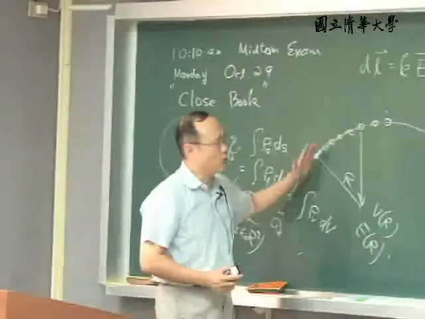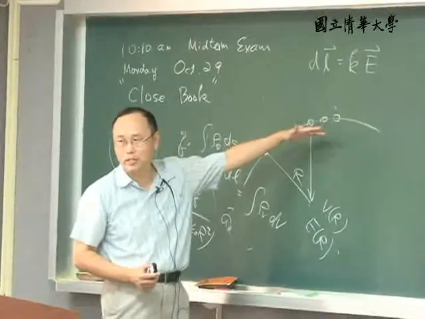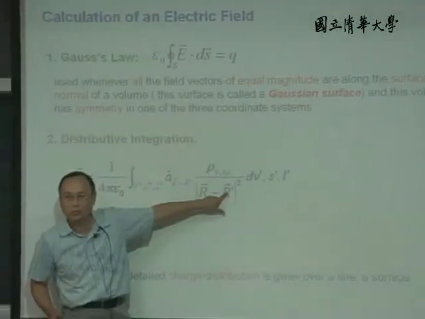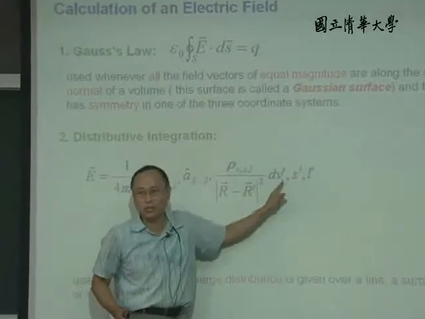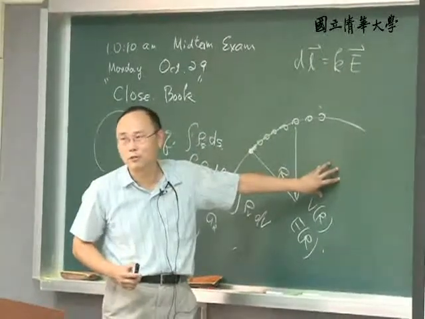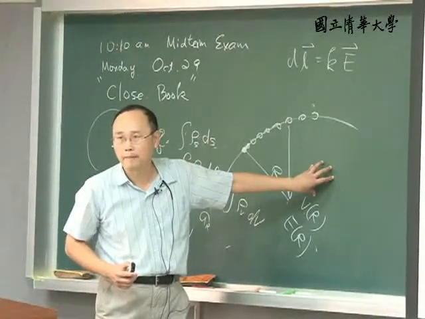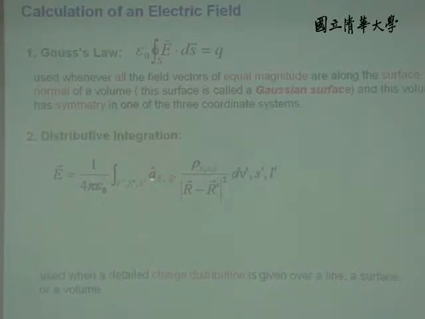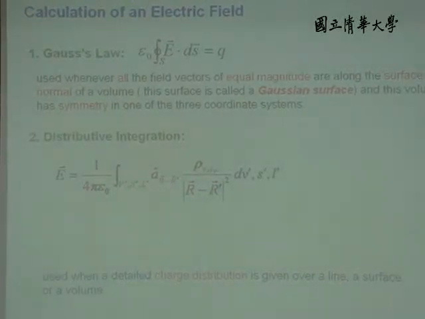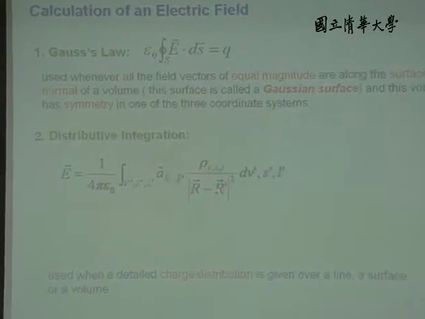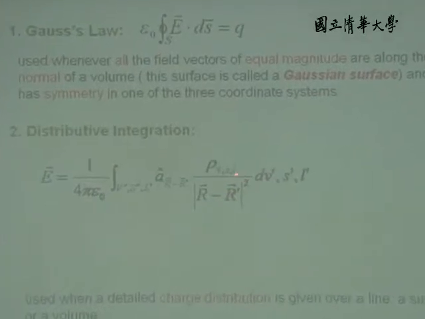The location of this source charge, or later the current, is described using the prime coordinate system, so when you integrate, you must integrate over these primed positions, not, for example, here, because there is no charge here. Okay, so this is the integration of the point charge, point by point, over some surface, volume or line. But I point out to you that the integration has to be at the location of the charges.